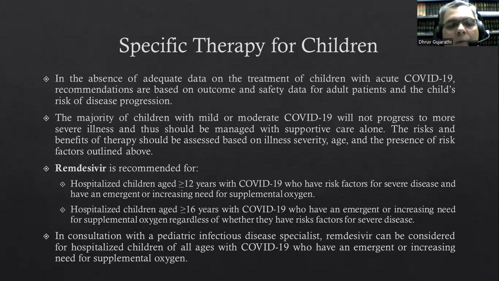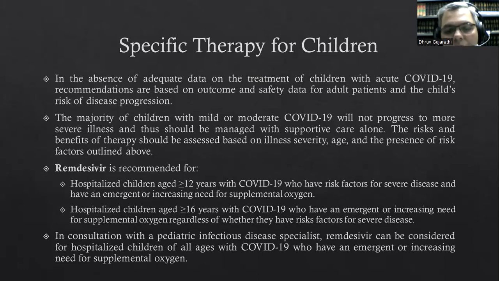For children between 12 and 16 years, it should be used with caution. Children above 16 years who have an emergent or increasing need for supplemental oxygenation, regardless of whether they have risk factors or severe disease, should be administered remdesivir.